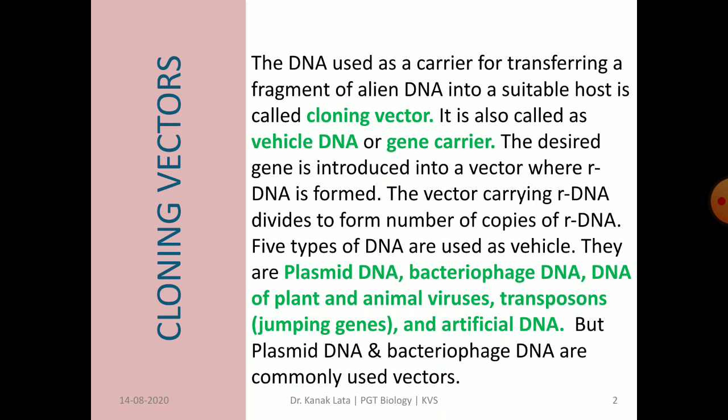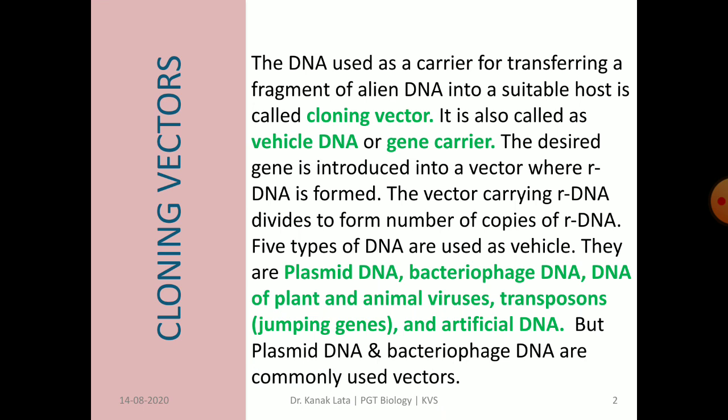The gene of interest, that is the desired gene, is introduced into a vector to form rDNA, that is recombinant DNA. The vector which contains rDNA divides and forms a number of copies of recombinant DNA.